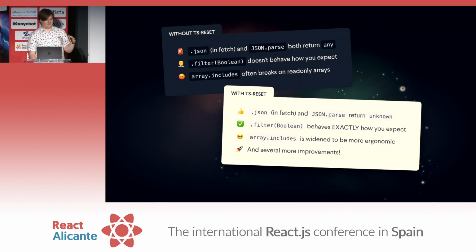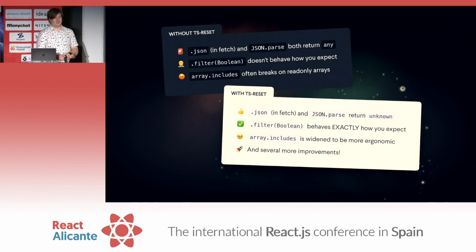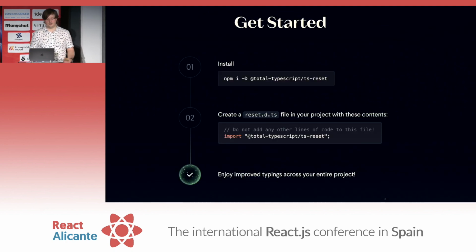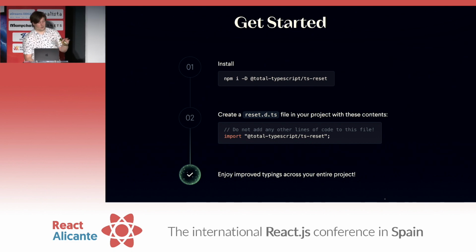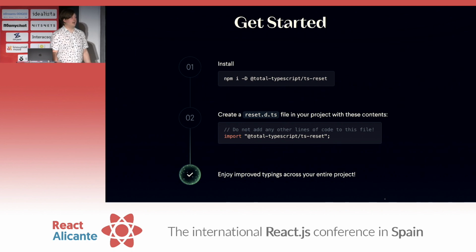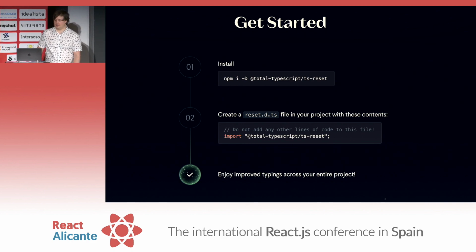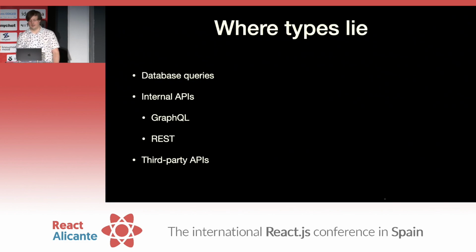It also causes .filter with Boolean to work as you would expect in terms of filtering out nulls, which can simplify quite a lot of code. And it also fixes some minor problems around array.includes and one or two other things that are also all nice to haves. So to use TS Reset, all you have to do is install it and then import it somewhere within your code base, and then it'll start functioning right away.